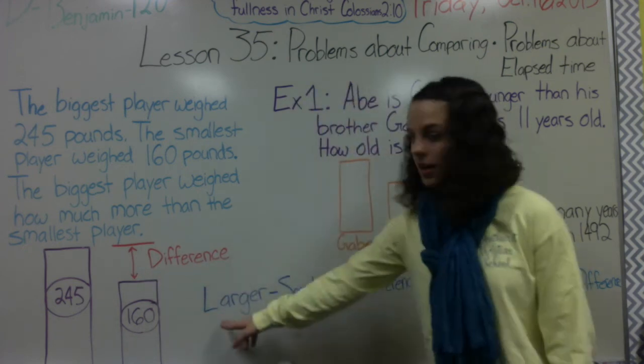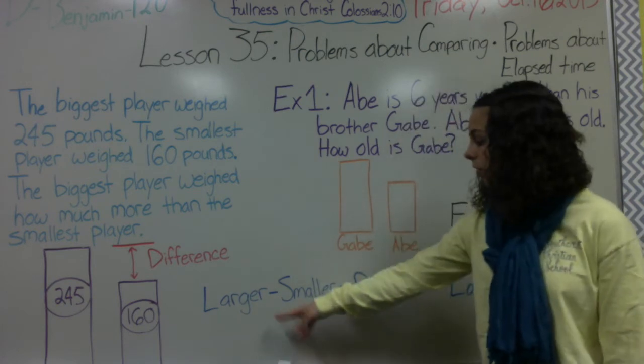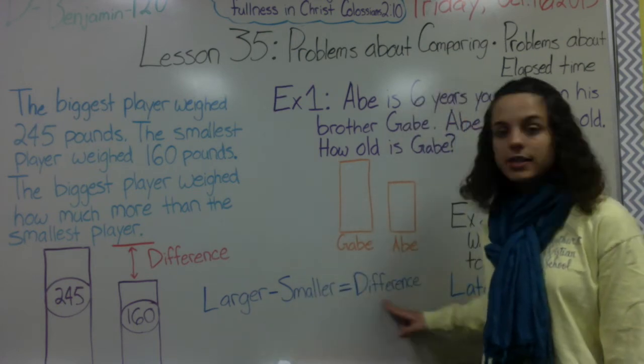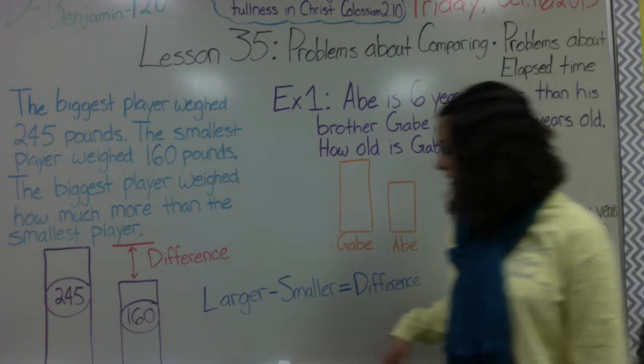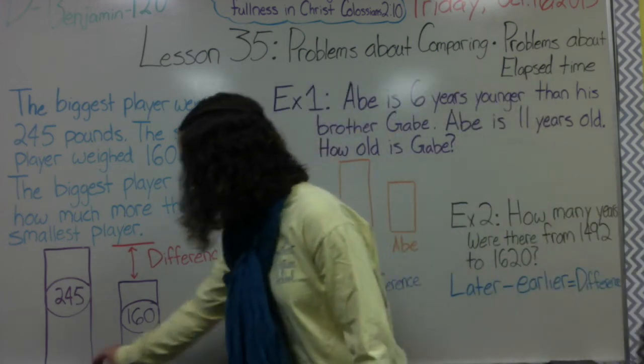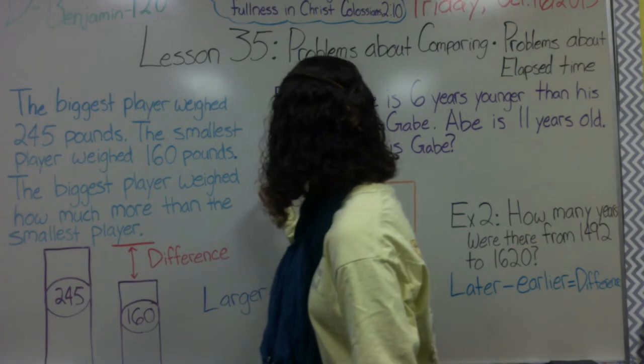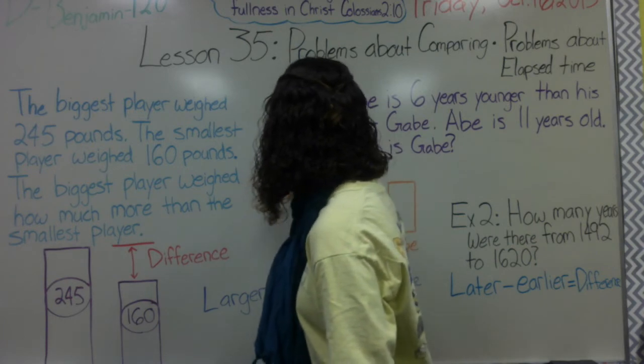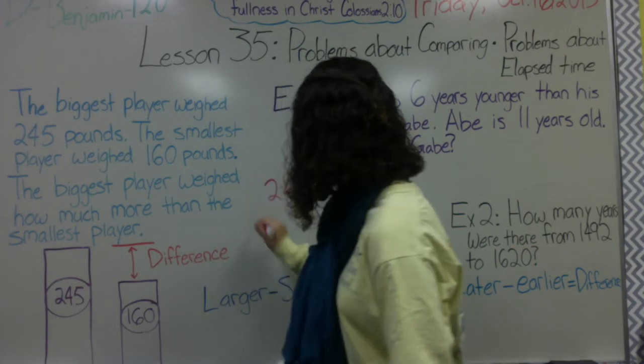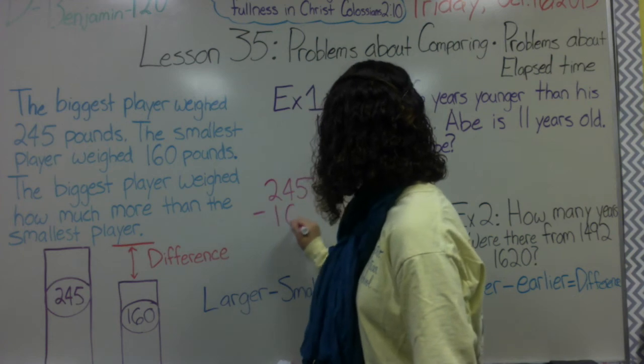The way that you'll set it up is you always do largest, or the larger, minus the smaller, equals your difference. So if I were to solve this problem, I have 245, my largest player, minus 160, my smallest player.